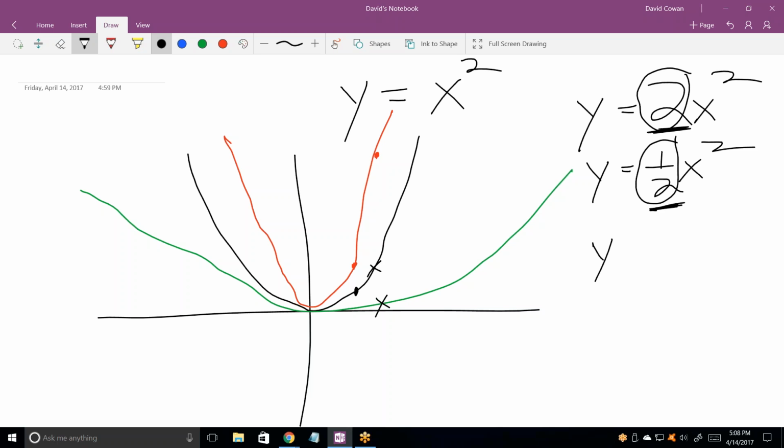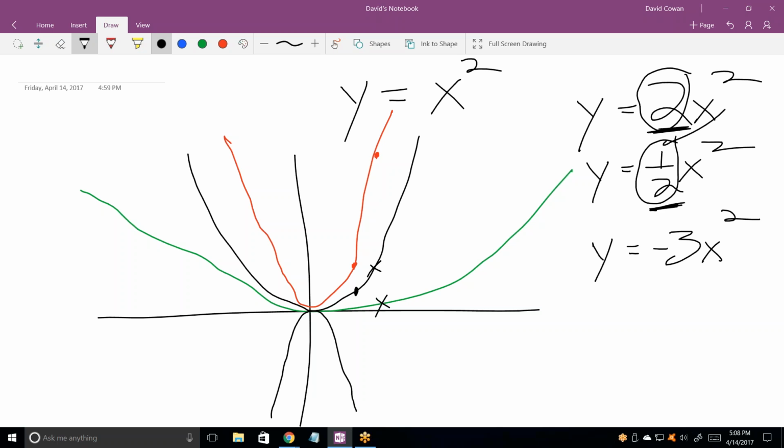If it was -3, like that, well, that minus sign is a reflection, first of all, and the 3 is a stretch. So that would have the effect of doing something like that. So it's not whether this number is less than 1 or not.